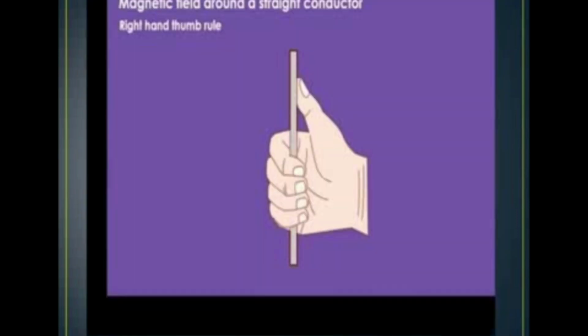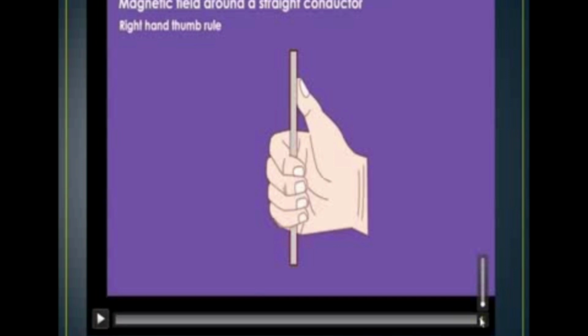Next, the magnetic field around a straight conductor. This is the right hand thumb rule. It gives the direction of the magnetic field.